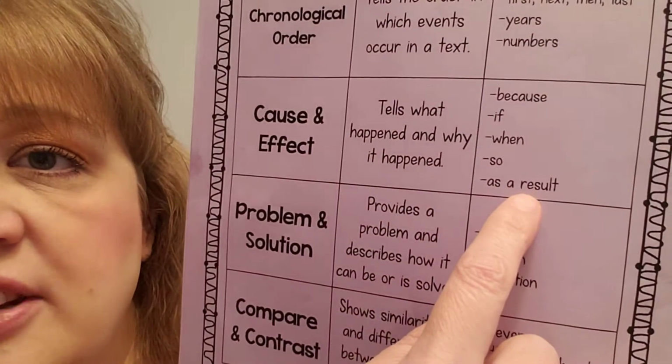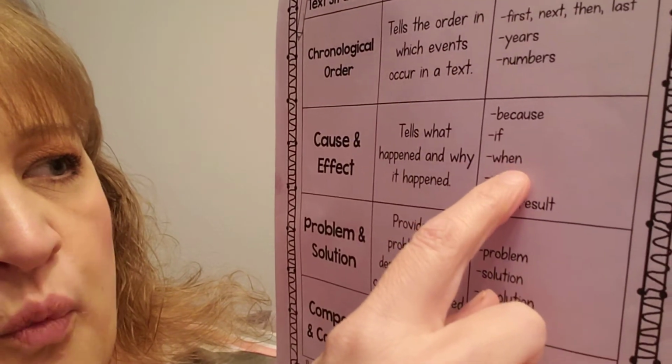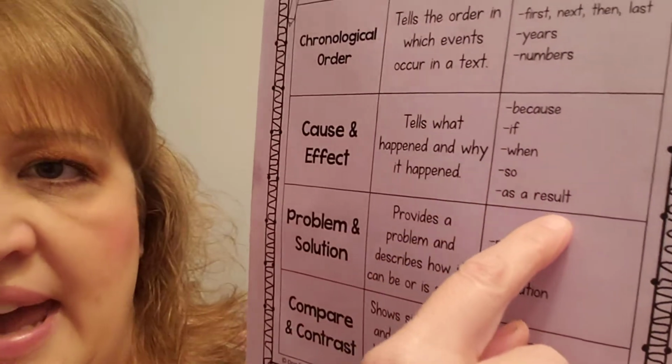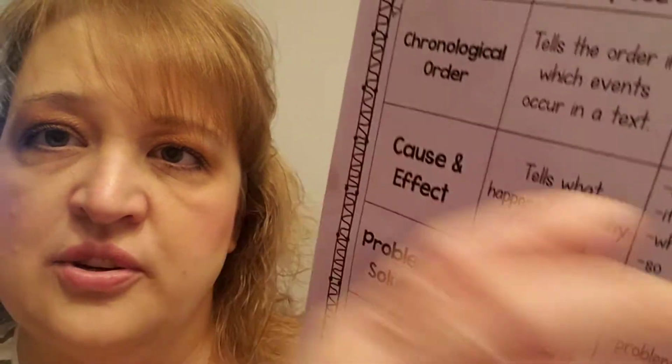Some of the words that you can look for are because, if, when, so, and as a result. You guys understand cause and effect all the time, every day. Every choice that we make has an effect. So, when we choose to do something, we have an effect that comes after it.